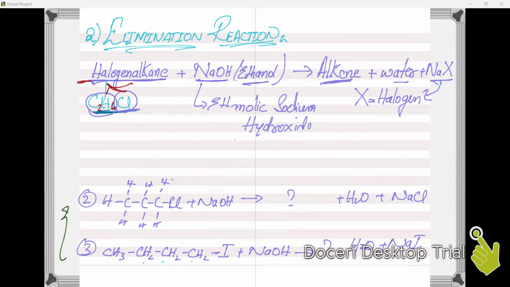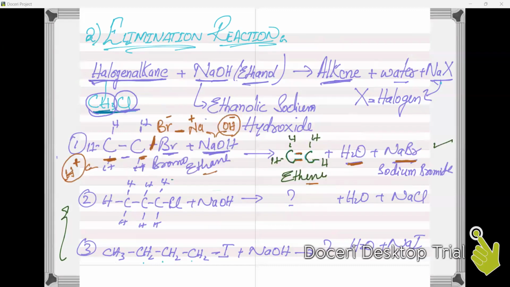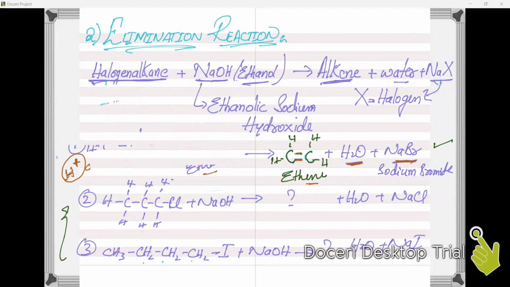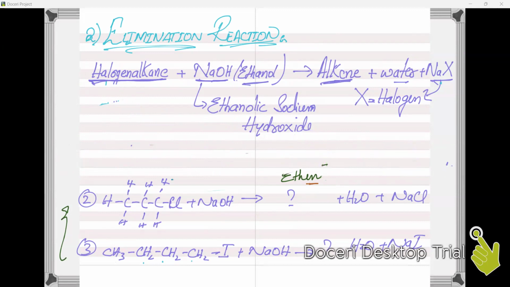Then we are treating it with what? We are treating it with sodium hydroxide. And we are producing alkenes. Now, how does this happen? So let's suppose I've taken a halogen alkane that is chloroethane.